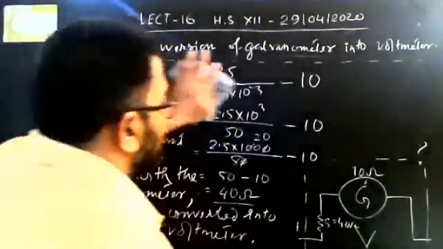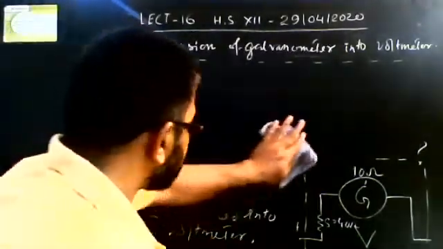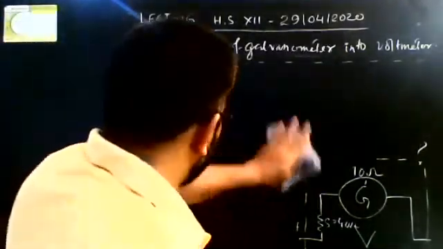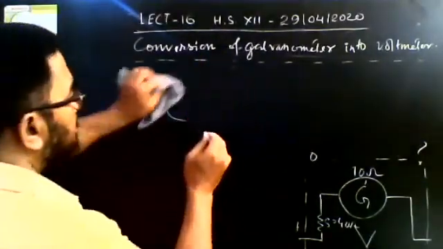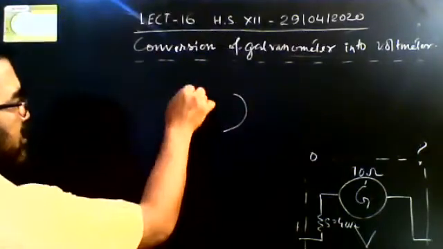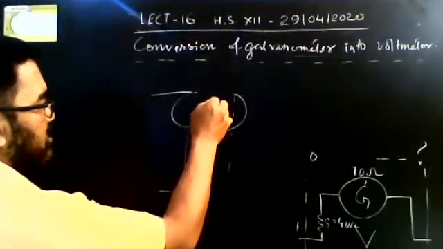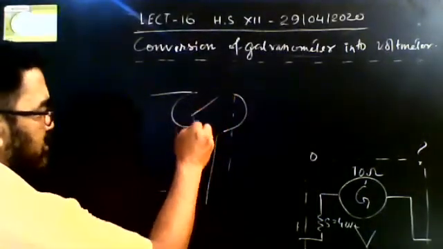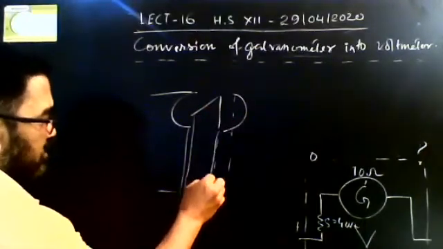Okay. So these are the discussions starting from the galvanometer. As you know, the moving coil galvanometer is nothing but a rectangular coil placed within a magnetic field.